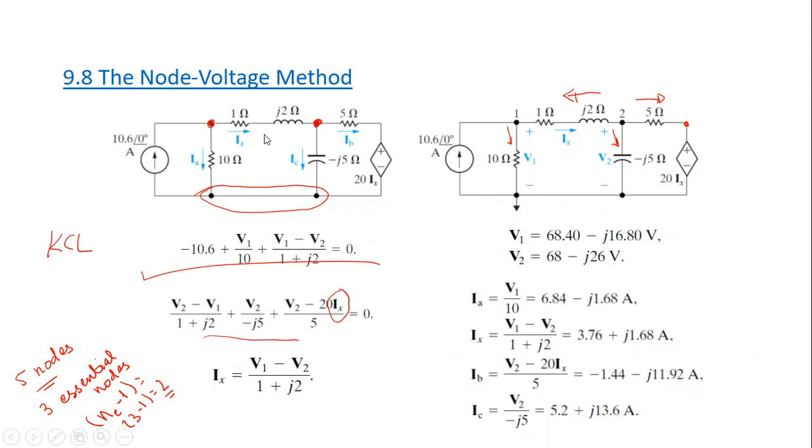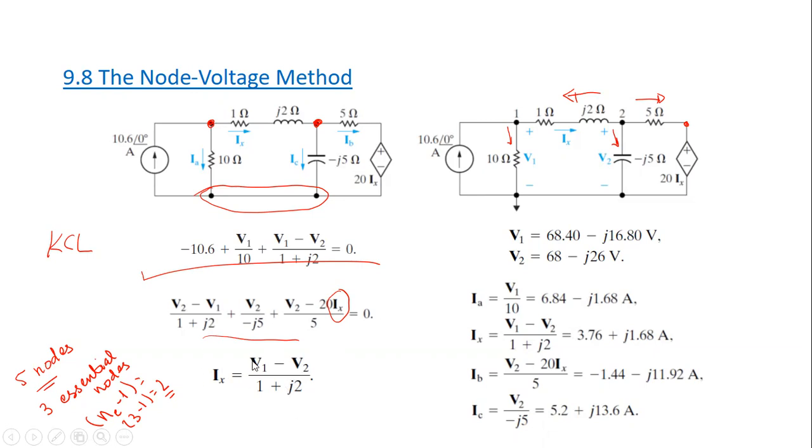If I look at the circuit, here is Ix, or here it is also Ix. So Ix is equal to V1 minus V2 divided by 1 plus J2.